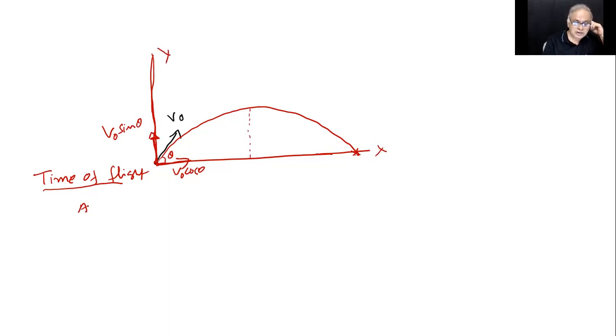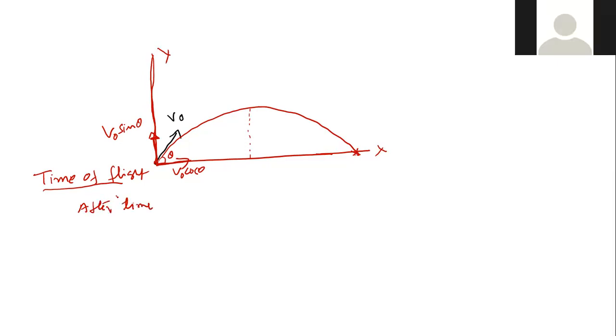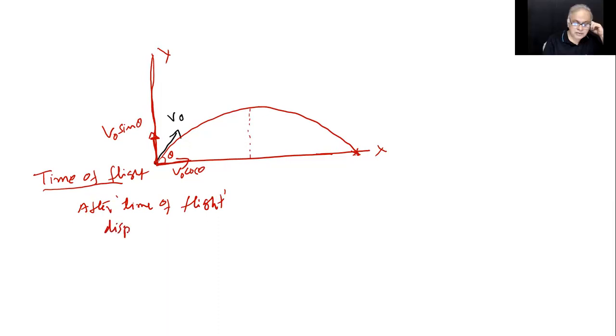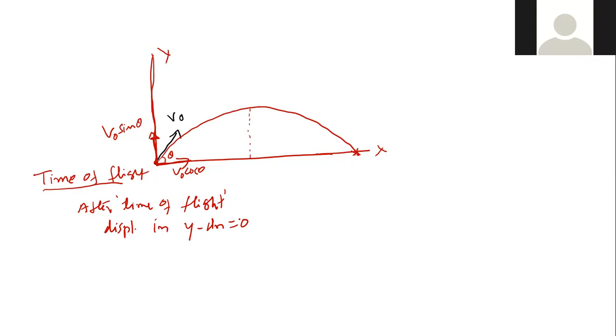After time of flight, displacement in y direction is 0. This idea I'll apply many times in different problems. Isn't it so? There's no displacement in y direction. So apply S equals UT plus half AT square.